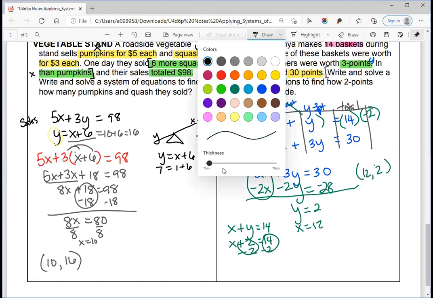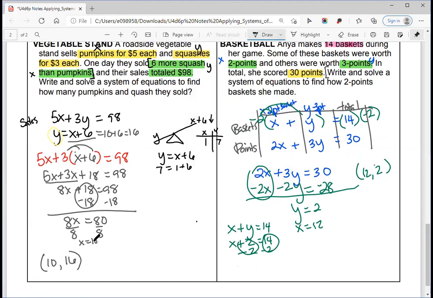For word problems, we want to be able to talk about it, right? Write and solve a system to find out how many 2-point baskets she made. Well, X is the 2-point, so she made 12 2-point baskets. So always go back and make sure you answered the question they were asking, right? She made 12 2-point baskets.